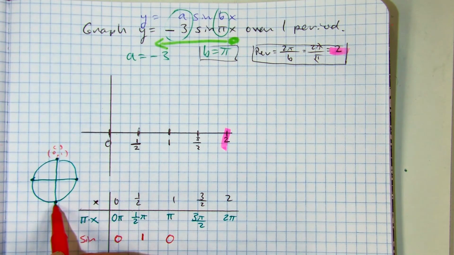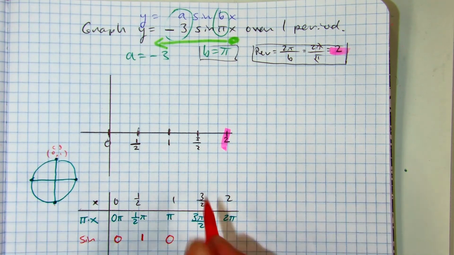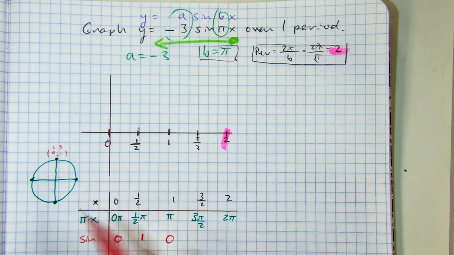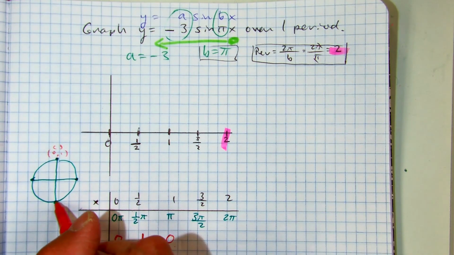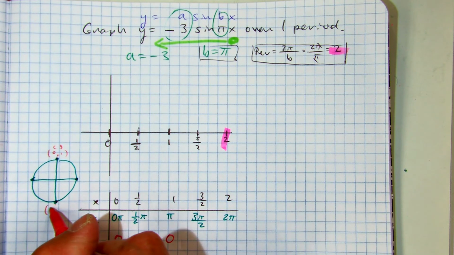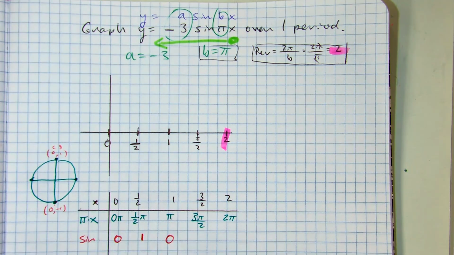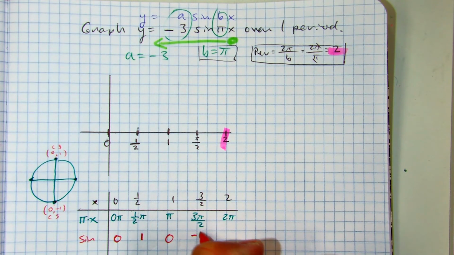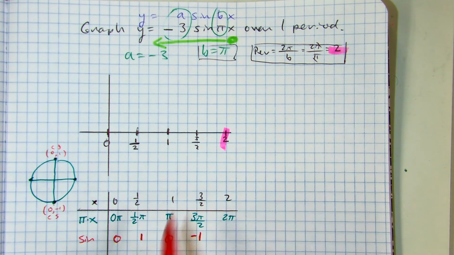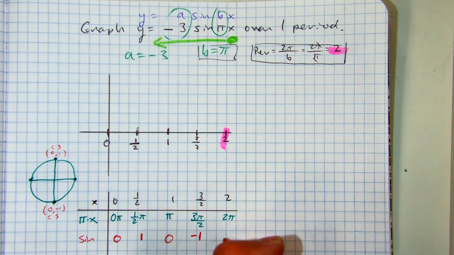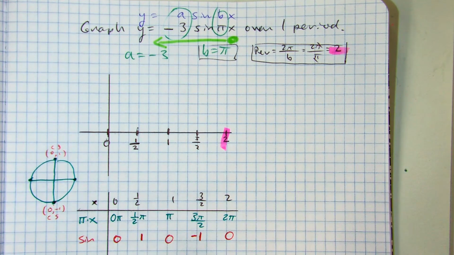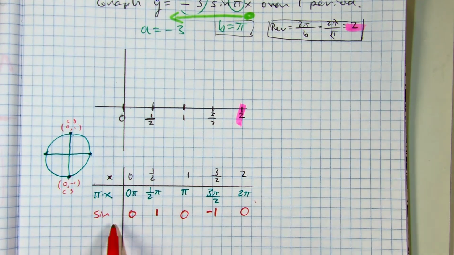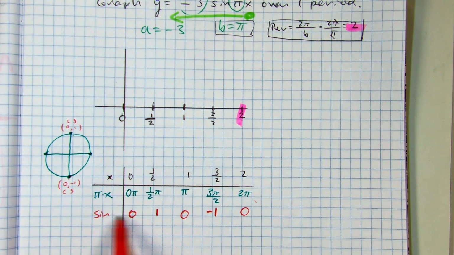Sine at 3 pi over 2. What's the ordered pair? 0, -1. So that would be cosine, sine. So sine is -1. And sine at 2 pi is 0. Everyone say always. Once you get to the quadrantal angles, this pattern is always the same. Sine starts at 0, ends at 0. Always.